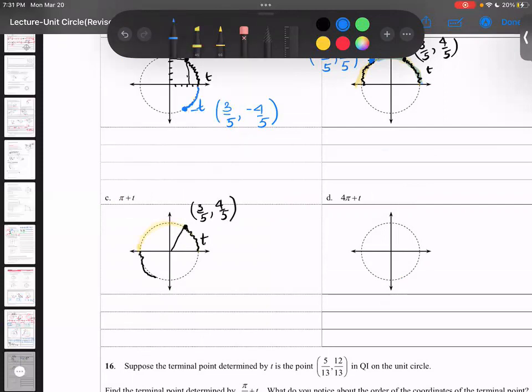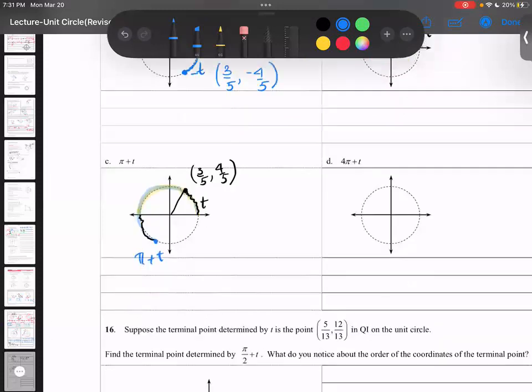Now you have pi plus t, right? The point is both negative, right? Because it's in the third quadrant. Negative 3/5, negative 4/5.